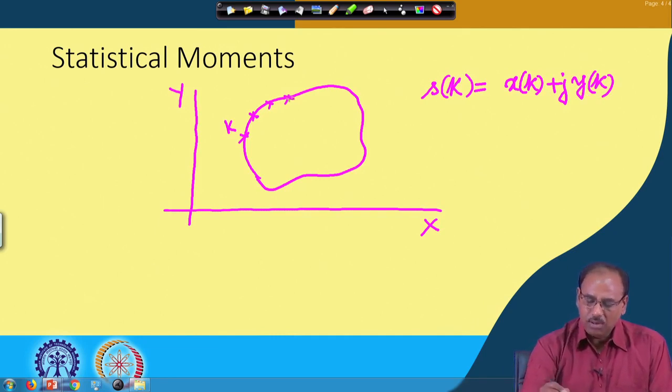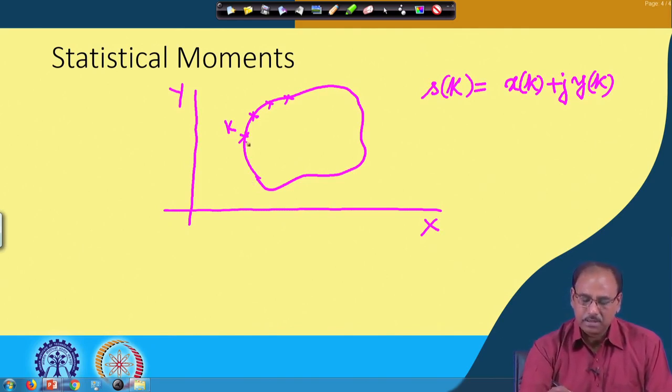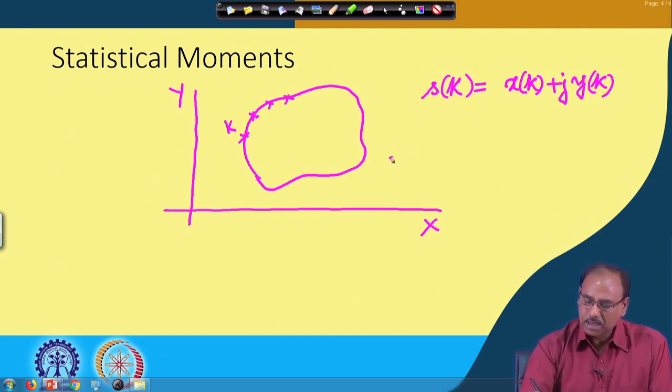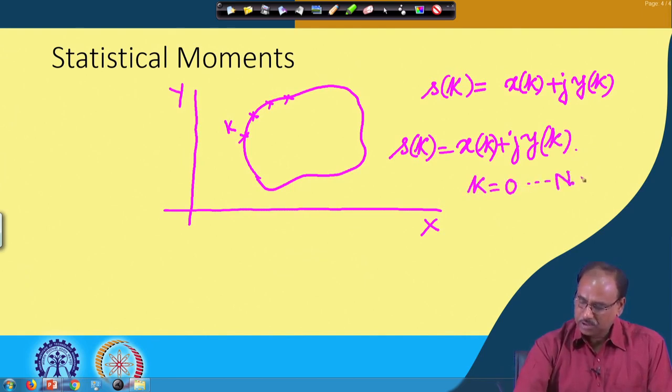So, when I consider all these different points on this boundary, what I get is a sequence of such complex numbers. You remember that all these points are to be represented as a sequence. So, I get a sequence of complex numbers which is given by Sk is equal to xk plus j times yk, where k may vary from say 0 to capital N minus 1, where I have total number of points on this boundary which is capital N.